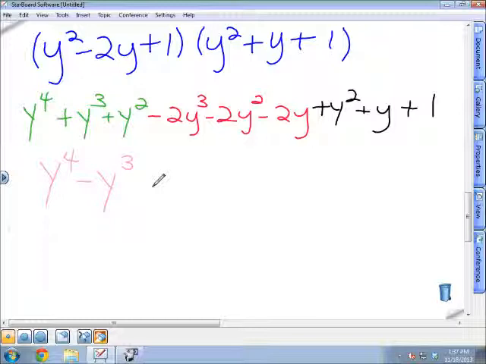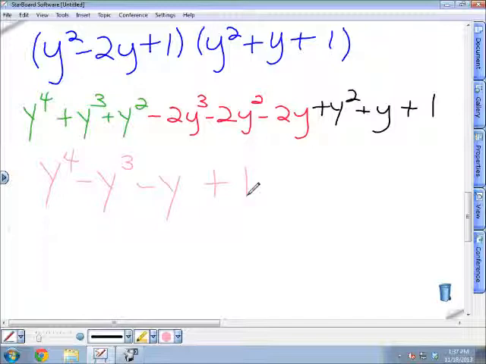Okay, the y squareds again, Crystal. So plus 1 minus 2 plus 1. So plus 2 minus 2. So there is no y squared. There are none. Okay. Good. Now what? Minus y. Minus y plus 1.